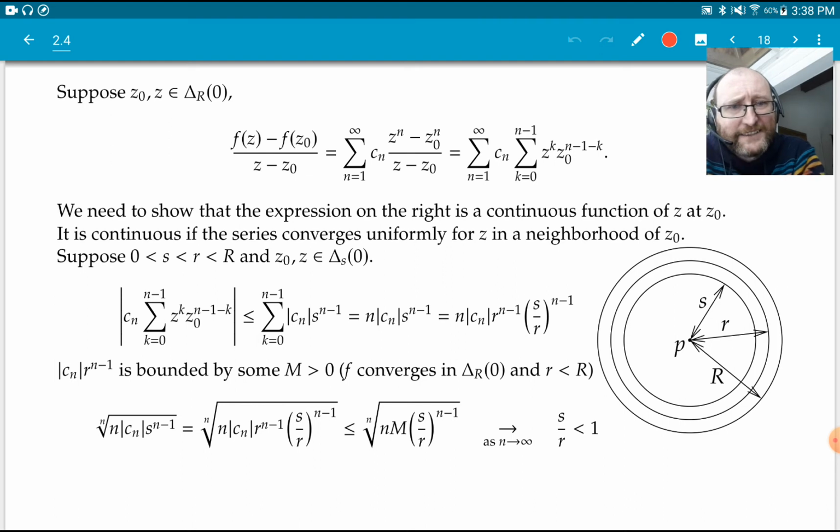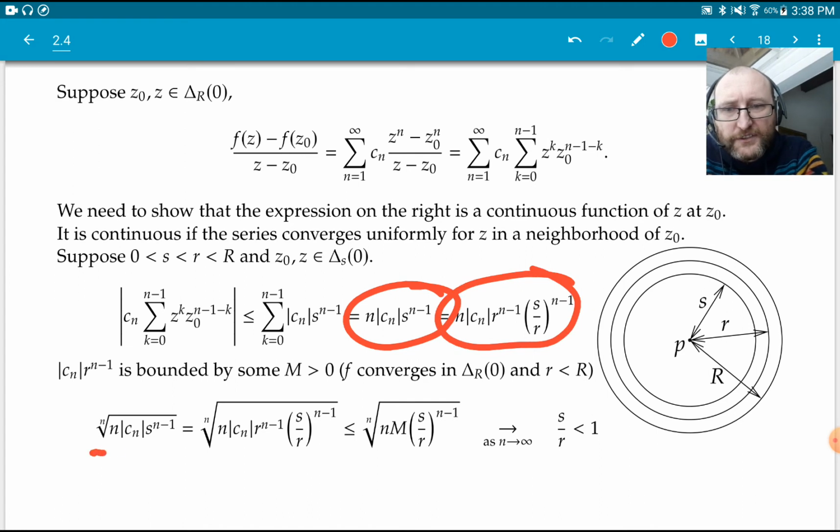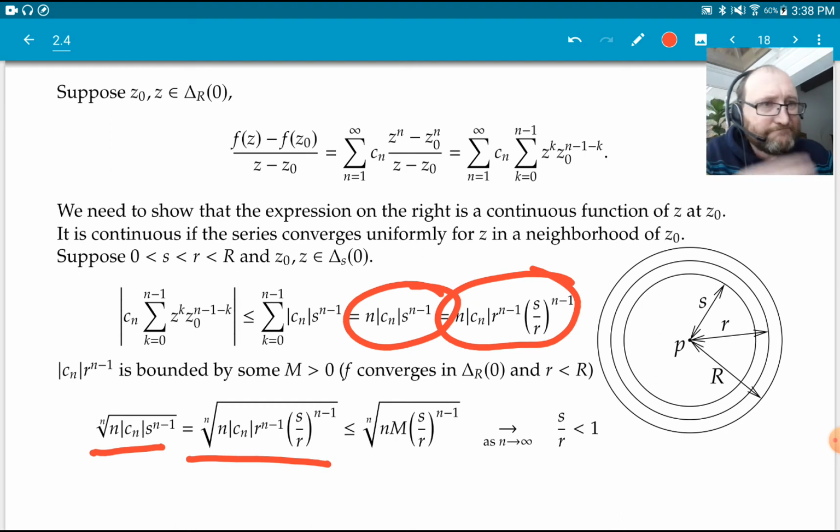So let's look at the nth root of this, which is the nth root of this expression. That's what we're doing here, and let's mess around with this. We know this is bounded by m, so that's why we're getting the m over here, and now we have this expression. The nth root of n goes to 1.